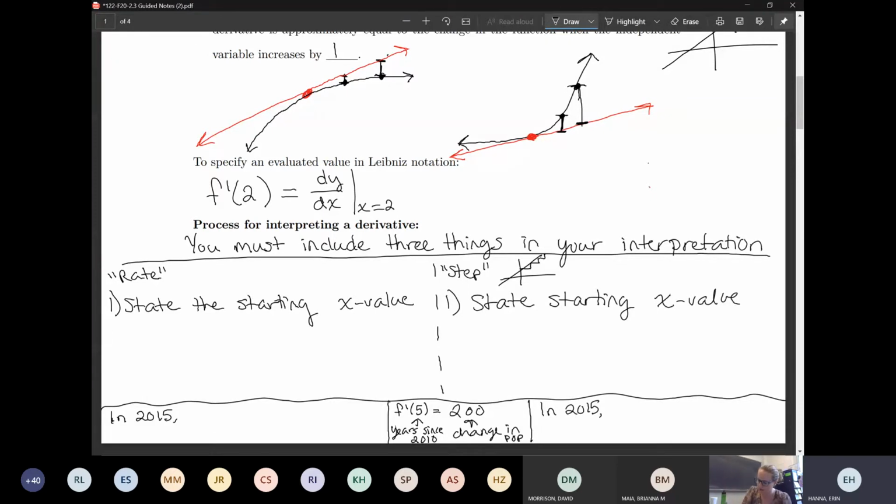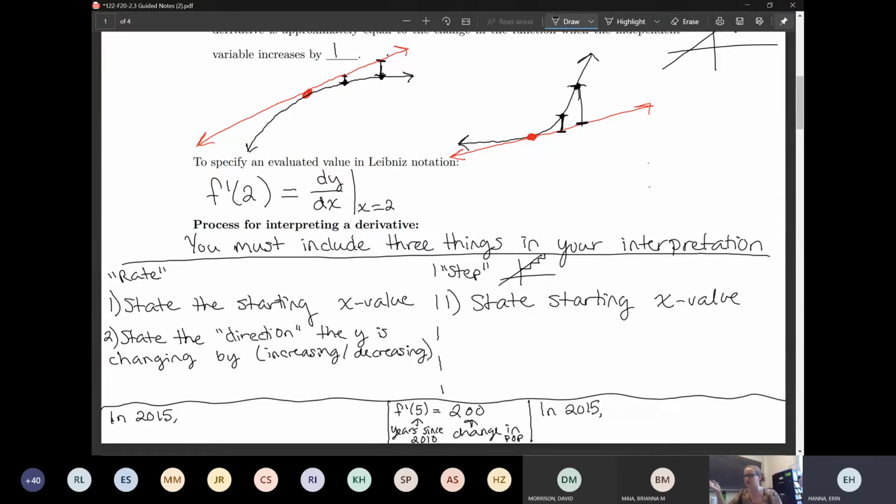If you want to continue with the rate way, the next thing you have to say is you have to state the direction the y is changing by. And by direction, I mean increasing or decreasing.